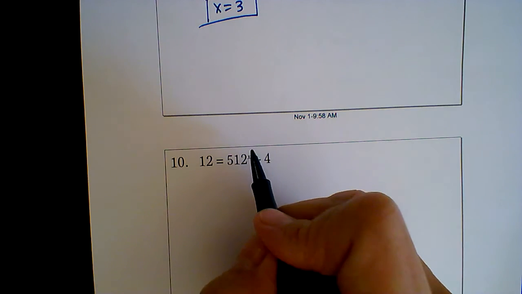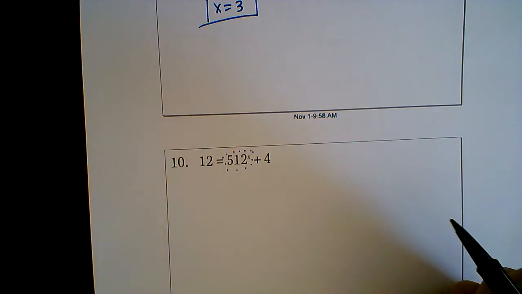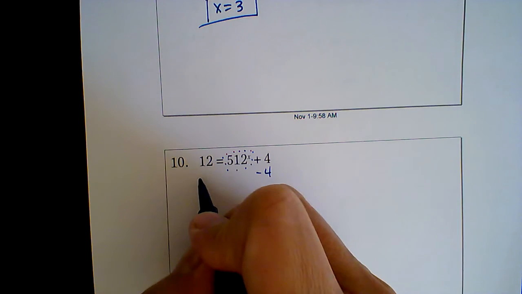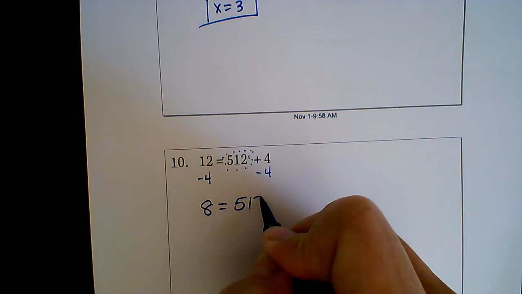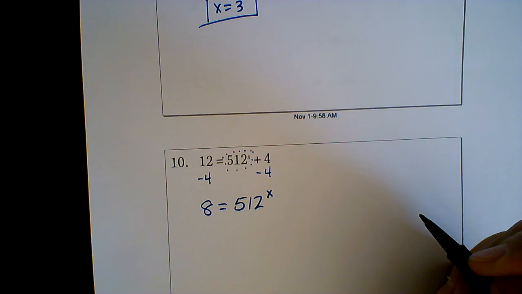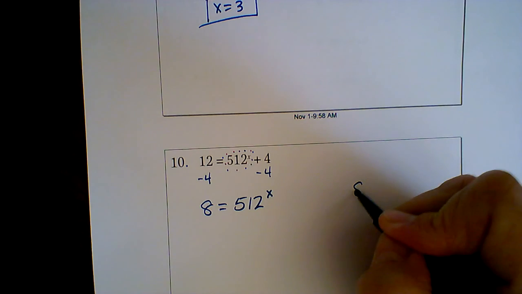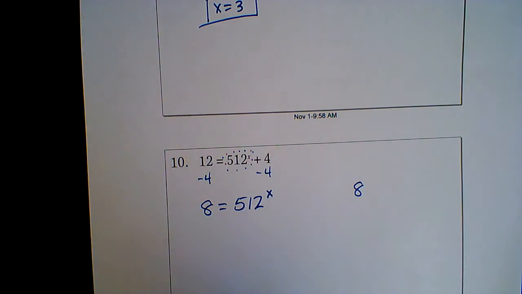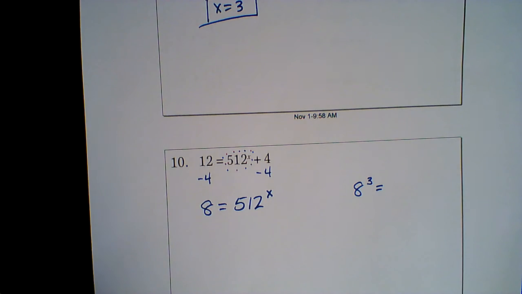Again, my power is not by itself, so I need to get rid of anything around it. I'm going to subtract 4 from both sides. This gives me 8 is 512 to the x. So I want both of these to have a power with a base of 8. So we know that 8 squared is 64, so let's take 8 to the 3rd power.